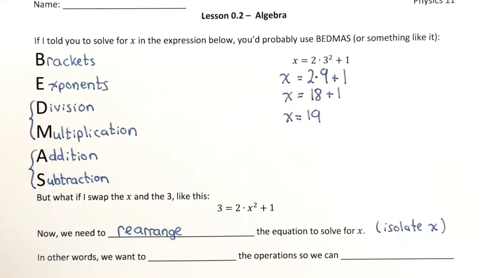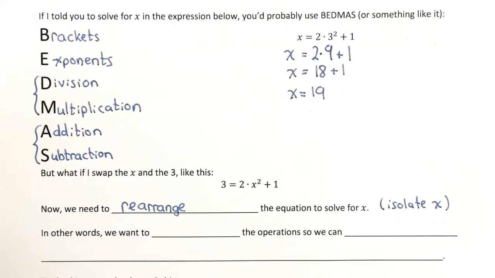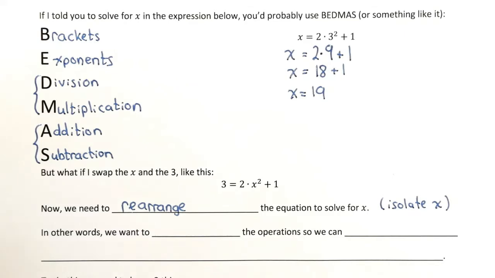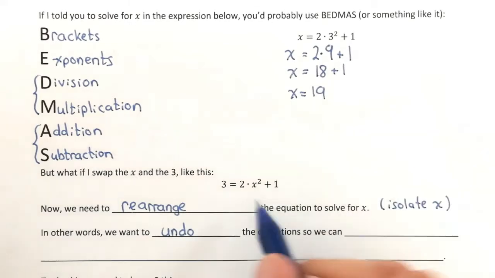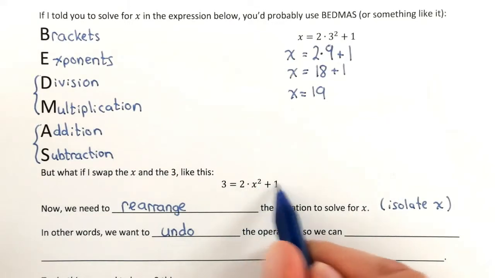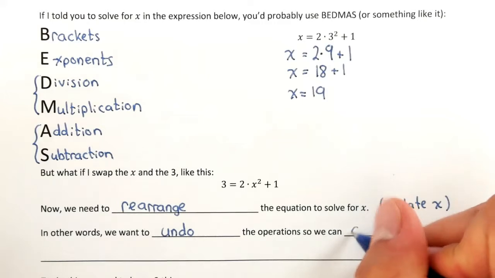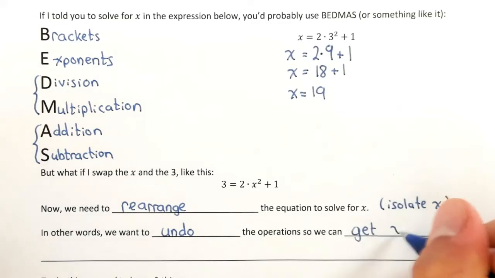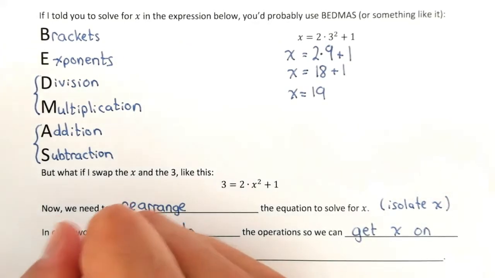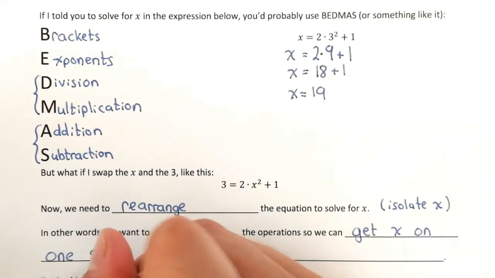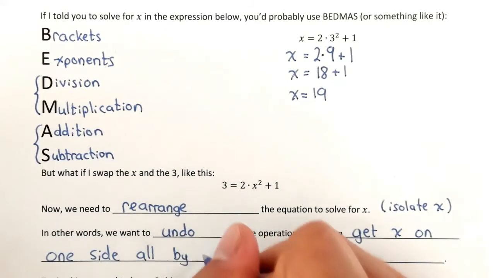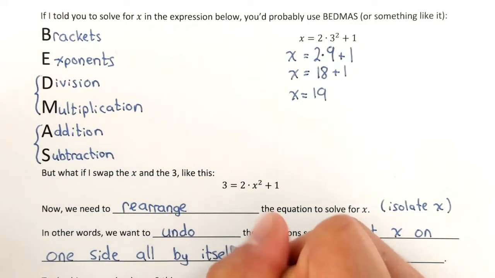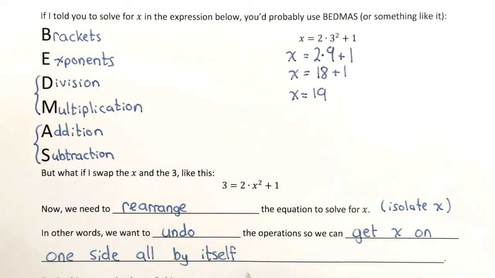The less fancy non-mathematical way of saying that we want to isolate x is that we want to sort of undo all these mathematical operations that are happening around the x so that we can get x on one side of the equation all by itself. And that, like I said, is just another way of saying we're trying to isolate x.